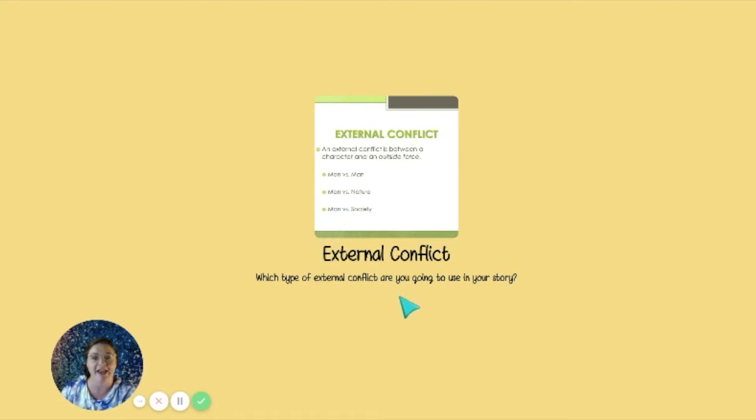Okay. And they don't even have to be humans, right? Your characters could be animals. Maybe they're dinosaurs. Maybe they are a made up creature. And then I would see all of your thoughts coming up here on my side. Okay, so I would be able to know right away which type of external conflict are you going to use in your story.